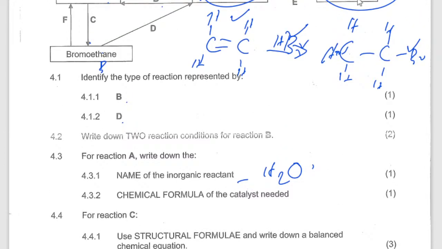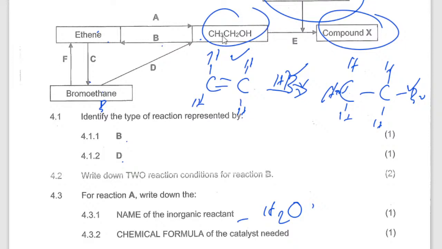Yes, I said ethyl, because this is 1, 2, so it's ethyl, and then this is 3, 4 plus 1, it becomes 5. Pentanoate, ethyl pentanoate. So you write the structure formula. That's the alcohol. Remember, the alcohol gives us one oxygen, and then another oxygen comes from there.